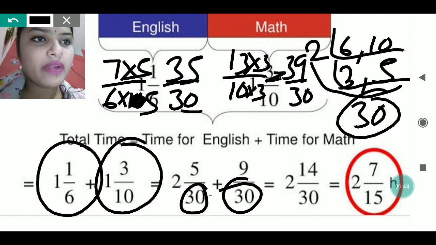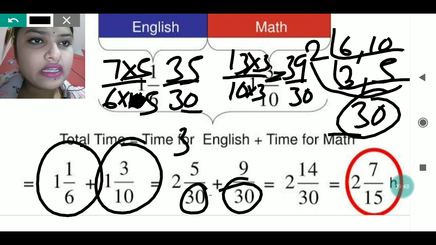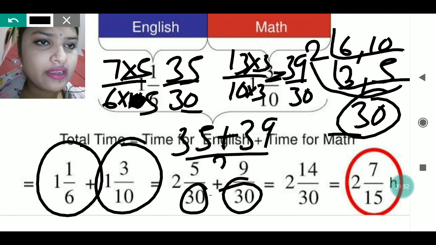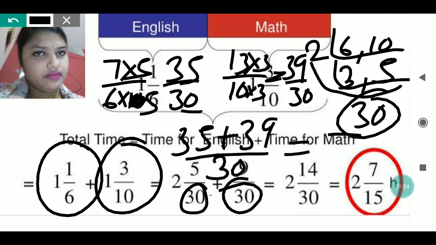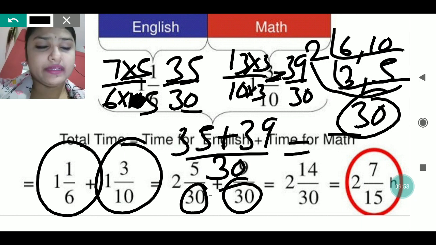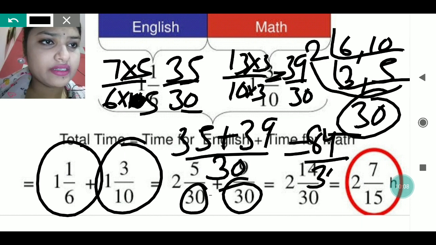Now you have the common denominators. You have to find the total hours. Now it's easy to do. 35 plus 39/30. You add the upside ones, what you will get? 84 by 30.